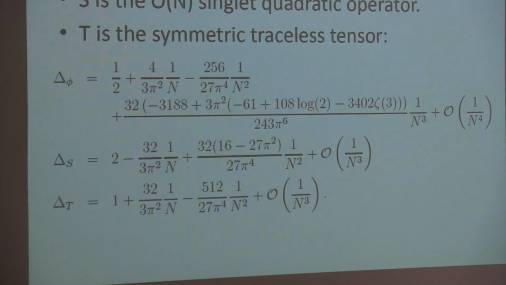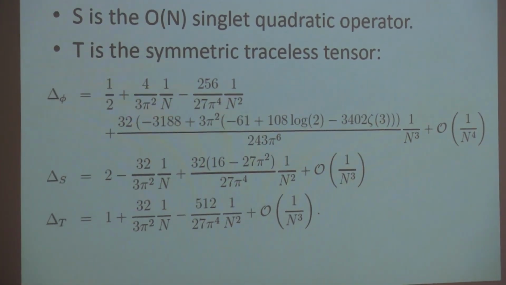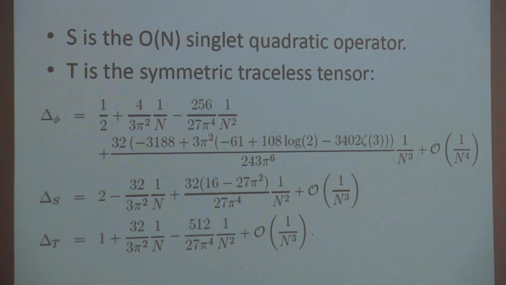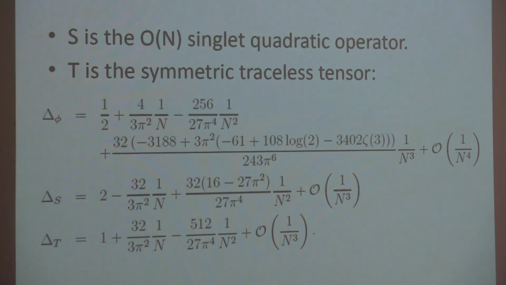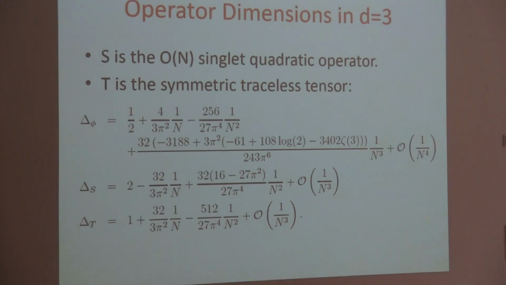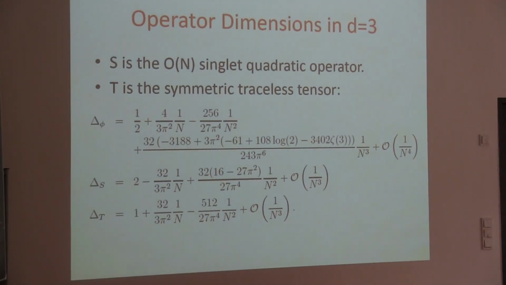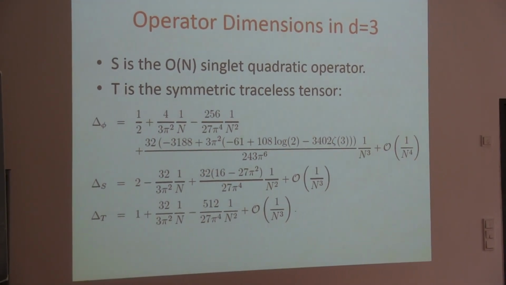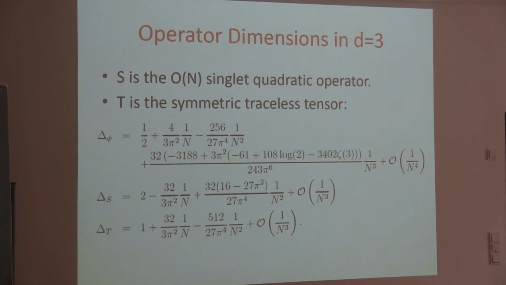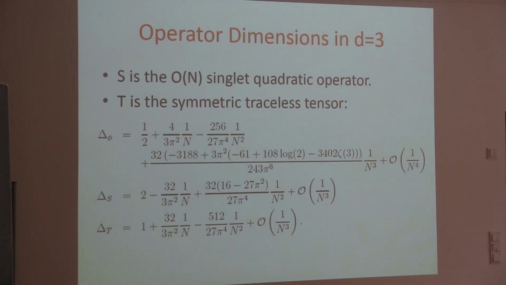Okay, and one thing that you can immediately do with this is that this formula doesn't just work perturbatively in d. You can apply it in d equal to 3. And so in d equal to 3, you can do more complicated calculations.